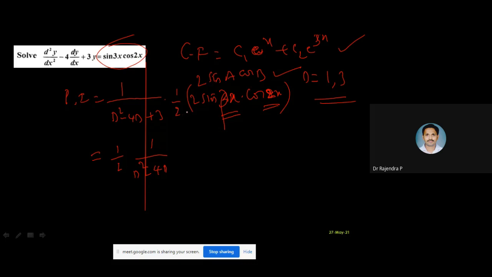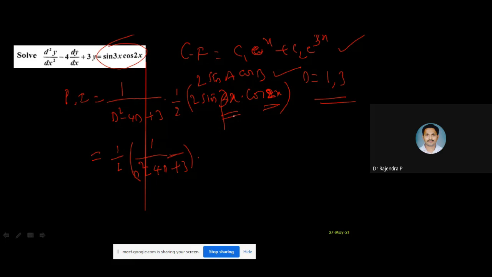Yeah, what is our idea here? I want to make it into some standard formula. I try to get it into either sine or cos form. Then only can I apply it. You know very well, you can apply the shortcut only for those. So minus 4D plus 3 into, and sir, now you tell me: what is the 2 sin A cos B formula?